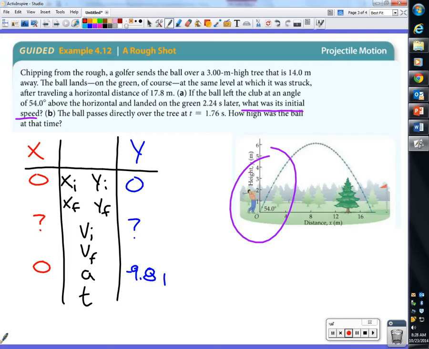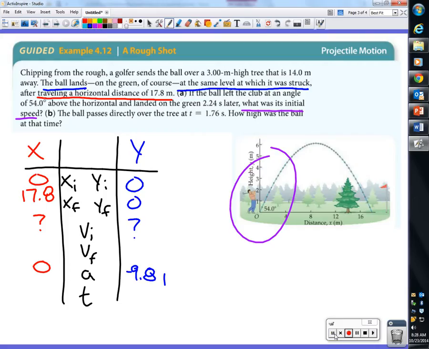Collier, go ahead. Okay, so it says it travels a horizontal distance of 17.8. That makes x final 17.8. Okay? Y is going to be 0 because the ball lands at the same level at which it was struck. Is that good?